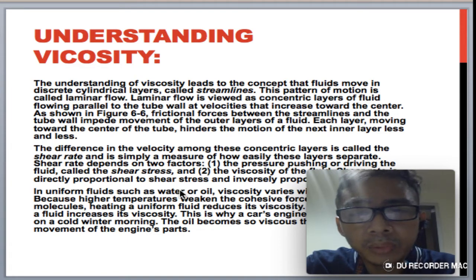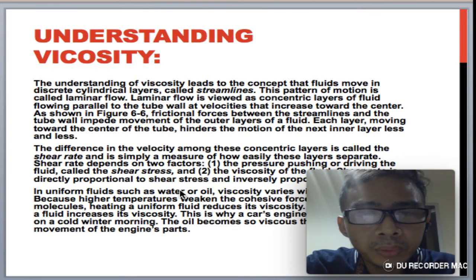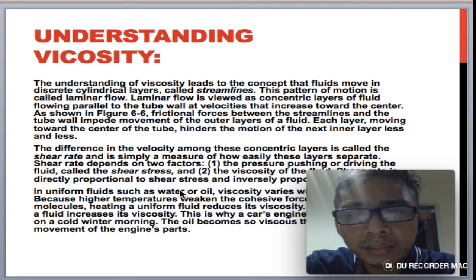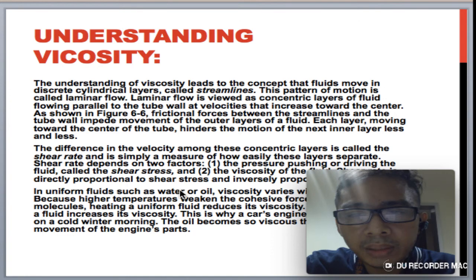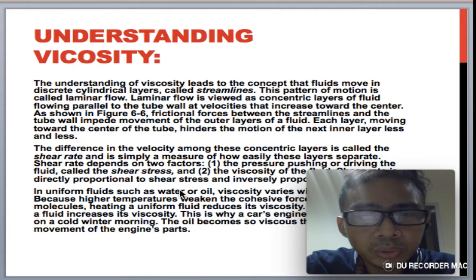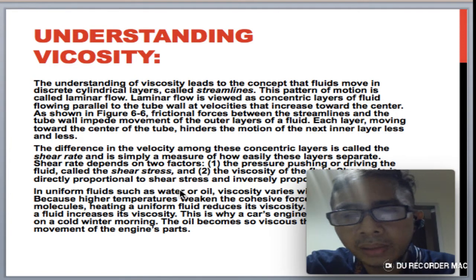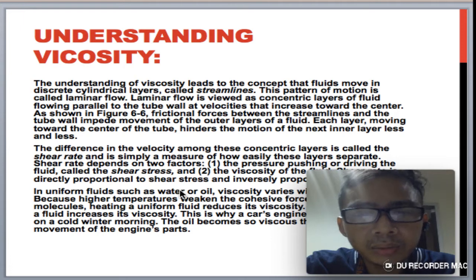Laminar flow is viewed as concentric layers of fluid flowing parallel to the tube wall, with velocities that increase towards the center, as shown in figure 6.6 of your book, no? Frictional forces between the streamlines and the tube wall impede movement of the outer layers of the fluid. Each layer moving towards the center of the tube hinders the motion of the next inner layer less and less.